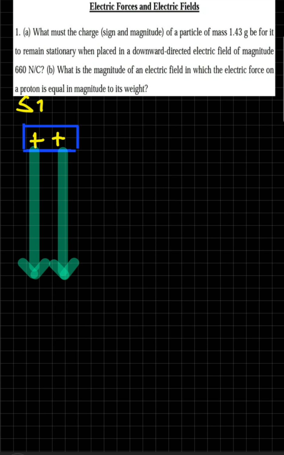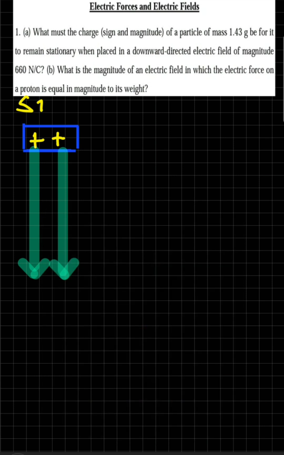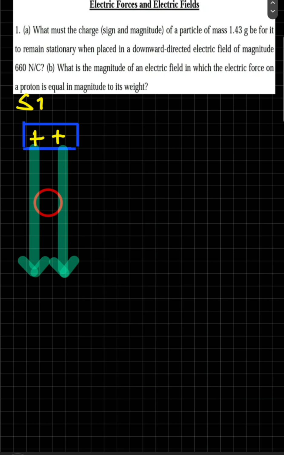Okay, and then we understand that this particle should be stationary in this electric field. Okay, like that. So what charge could this particle be? Could it be positively charged, or would it be negatively charged?